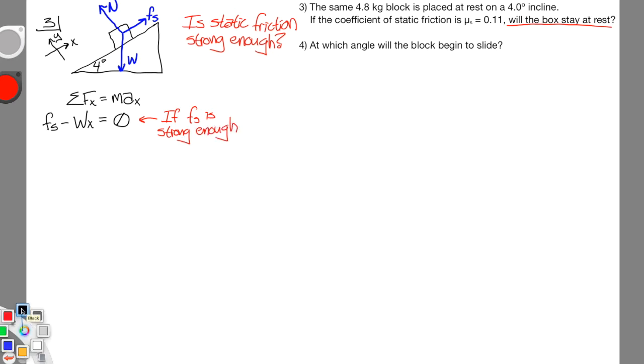From the same process we talked about earlier, we know that the x component of the weight is mg times the sine of theta, again equals 0.